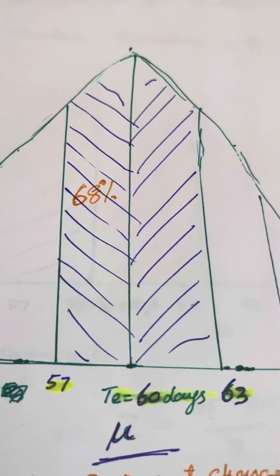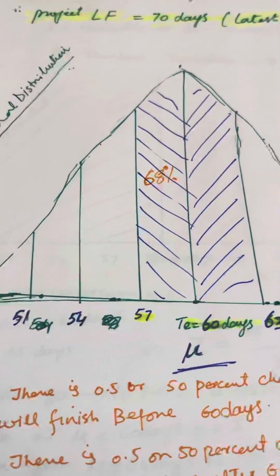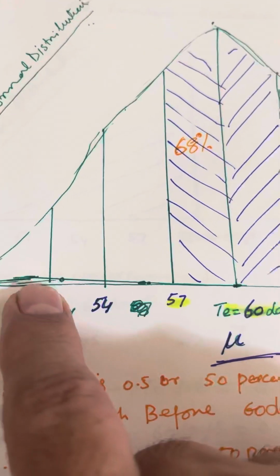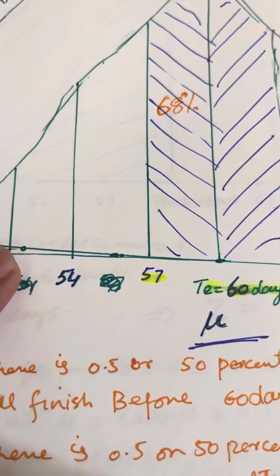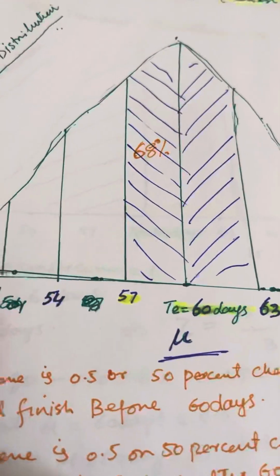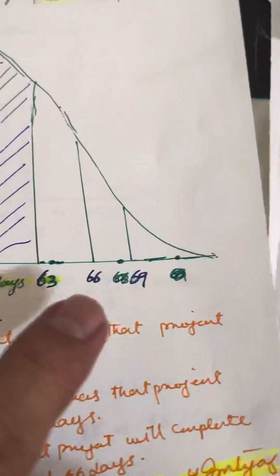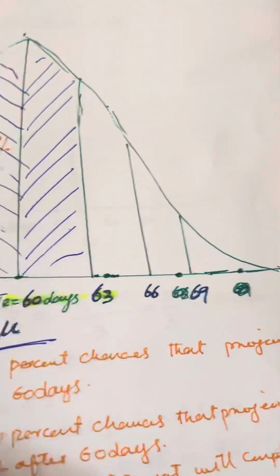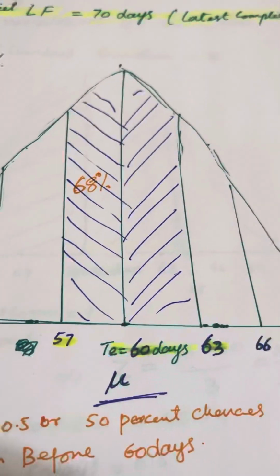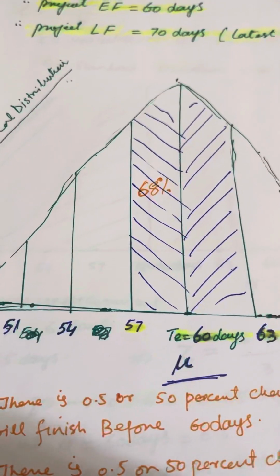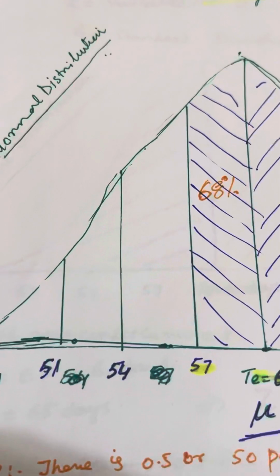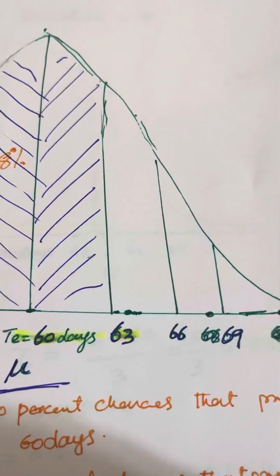And in the same way, this is 51, the last standard deviation, and the farthest is 69. So there is a 98 or 99% chance that the project will be completed between 51 days and 69 days.